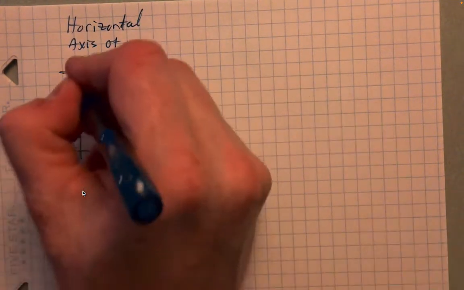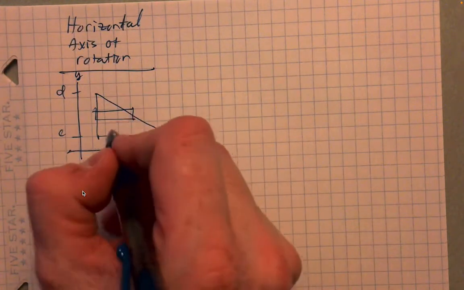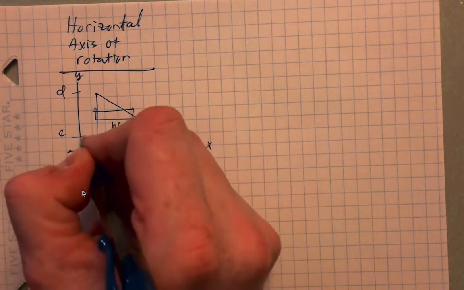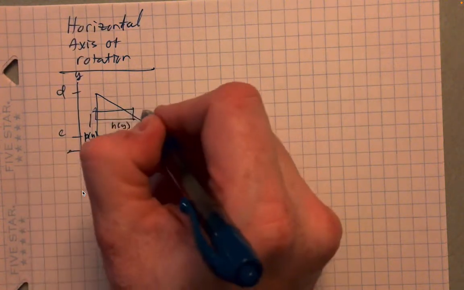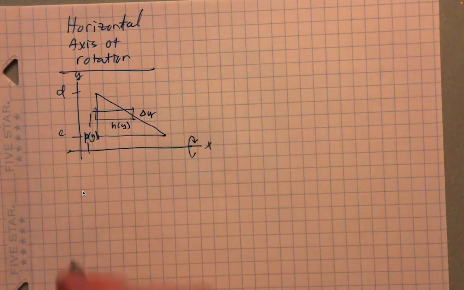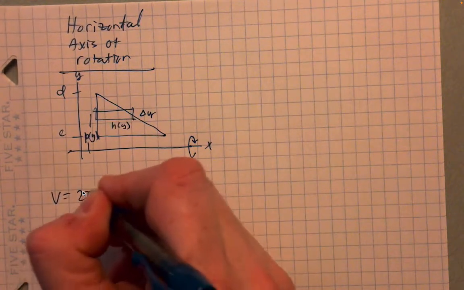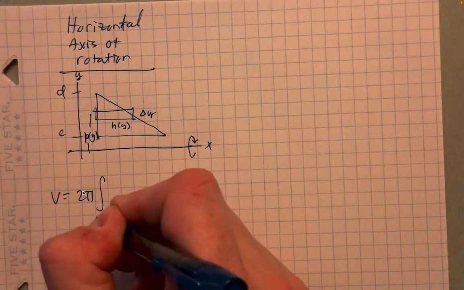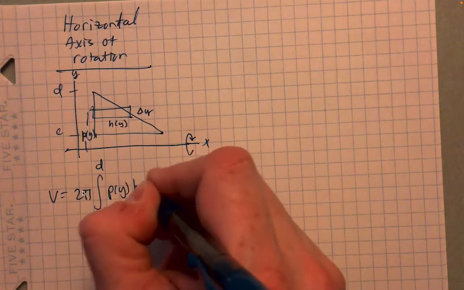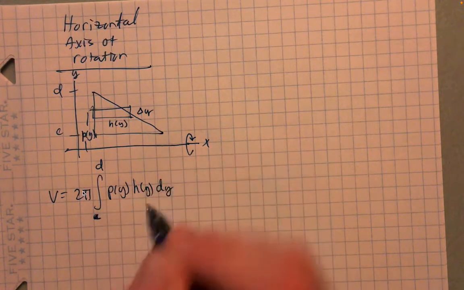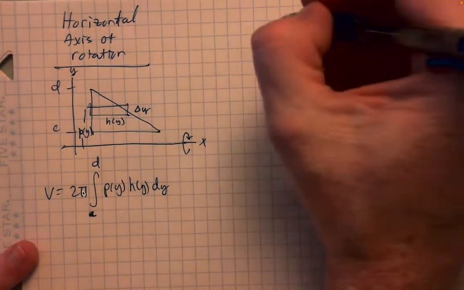So if this is x and this is y, then you're going to have an h of y, a p of y, and delta y's. And so the volume would be 2 pi times the integral from c to d of p of y, h of y, dy.